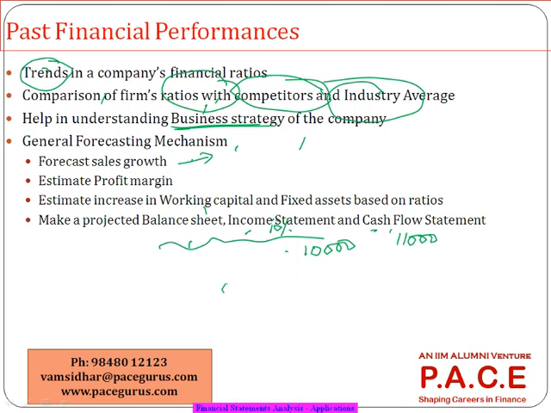Okay, and I am observing, let's say, the total asset turnover ratio for the last 5 years. Here it was 1, 1.1, 1.2, 1.3, something like that is coming out. Let's say some pattern like this is coming out.